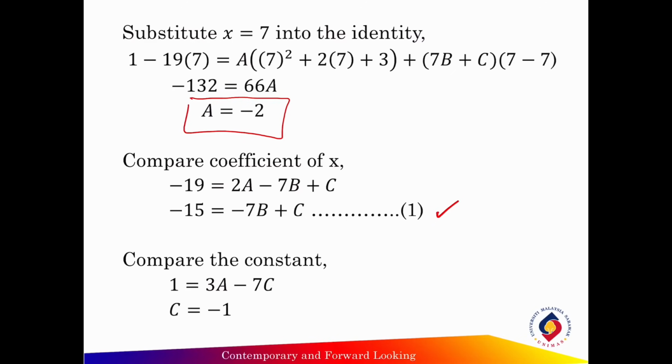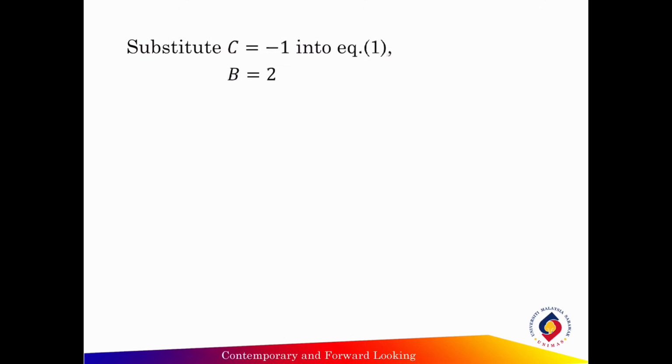Hence, we can get the value of C, which is equal to -1. Once we have the value of C, we can go back to our first equation and get the value for B. Substitute C equals -1 into equation 1 and we get B equals 2.